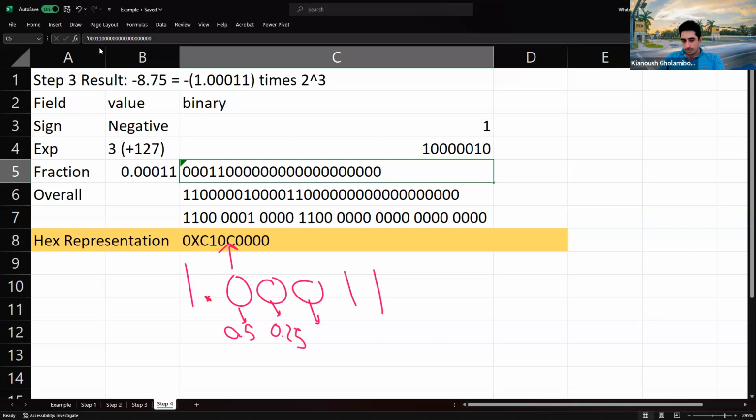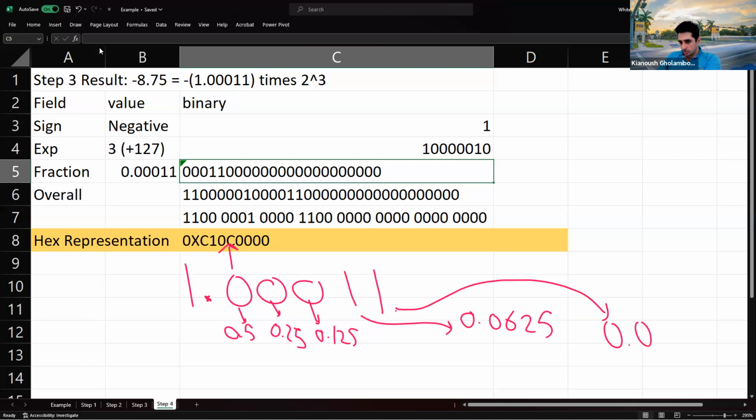This one is going to be 0.125. The weight of this one would be 0.0625, if I'm not mistaken. I guess I'm right. And then the next bit is going to be 0.03125.